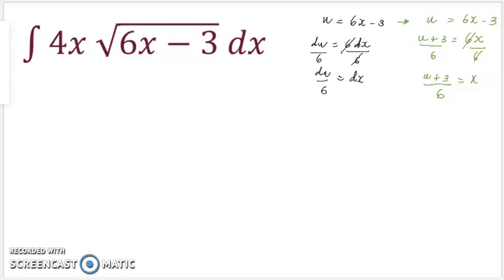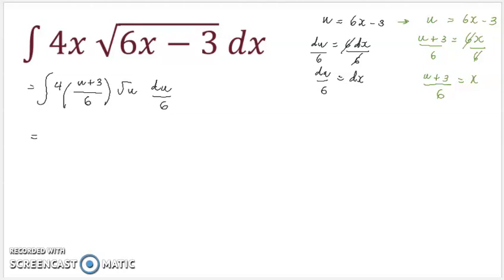So now we can rewrite our problem as 4 times this as our x, so u plus 3 over 6. And then this is square root of u. And then dx is du over 6. Then let us simplify.